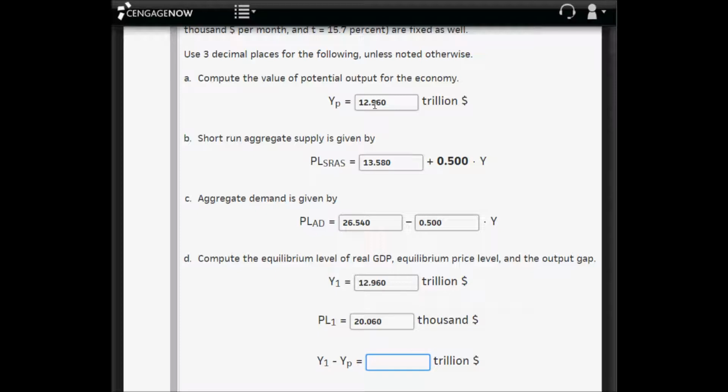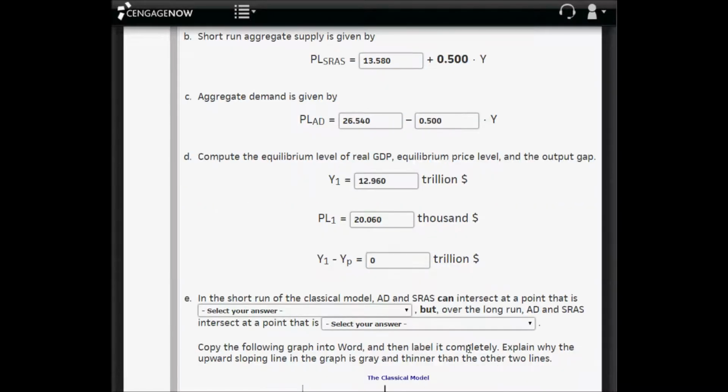Recall that the potential GDP and equilibrium GDP are equal, so the gap between GDP and potential is 0. So in this particular case, the natural rate of unemployment and the unemployment rate are both equal to each other.